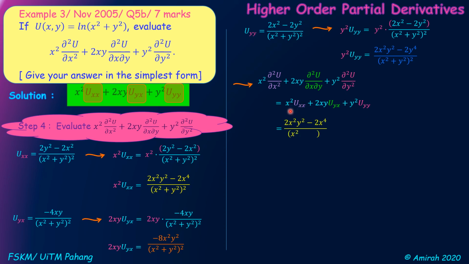From here we replace x squared uxx, which equals (2x squared y squared minus 2x to the power of 4) over (x squared plus y squared) squared, plus 2xy uyx, which is plus negative 8x squared y squared over (x squared plus y squared) squared, and then plus y squared uyy, which means (2x squared y squared minus 2y to the power of 4) over (x squared plus y squared) squared.